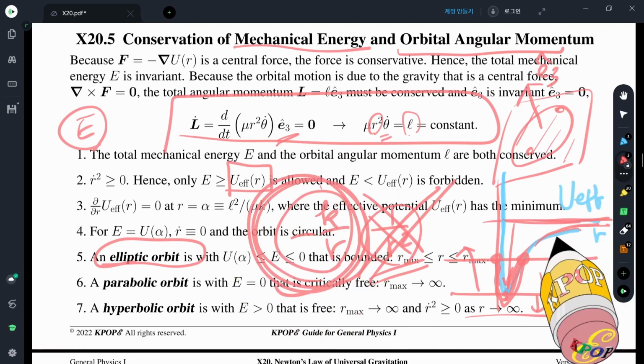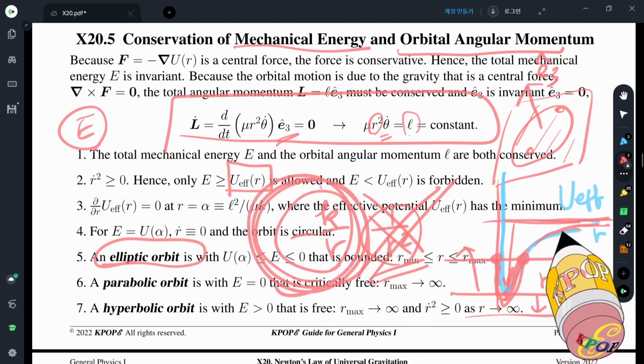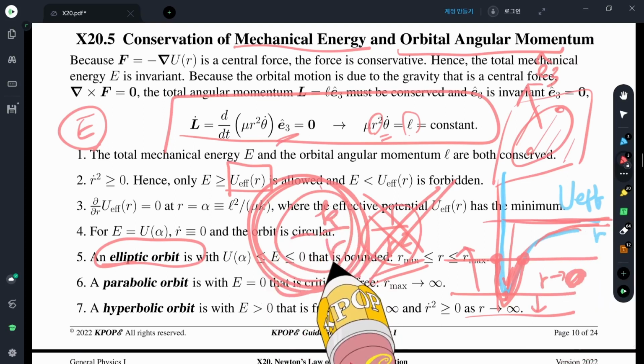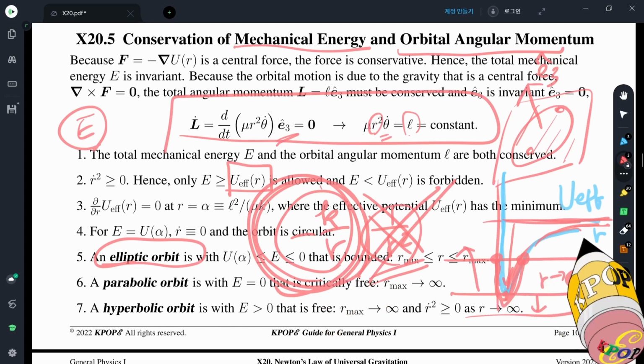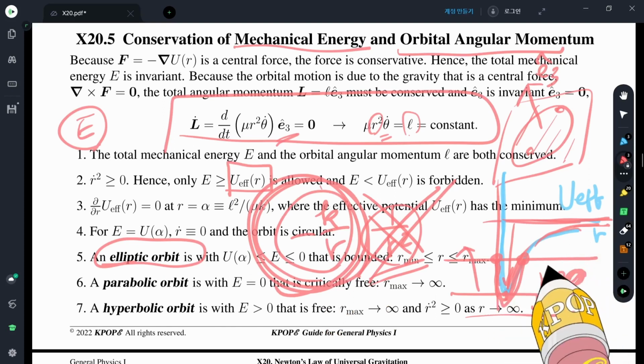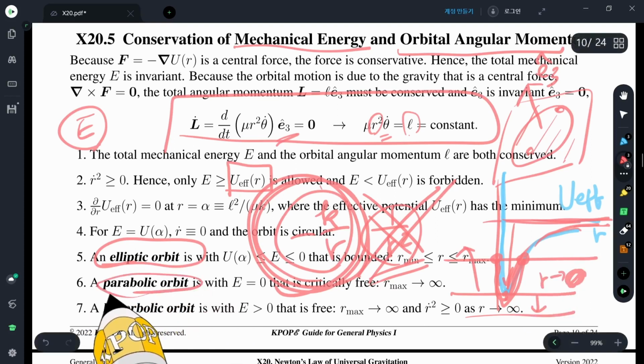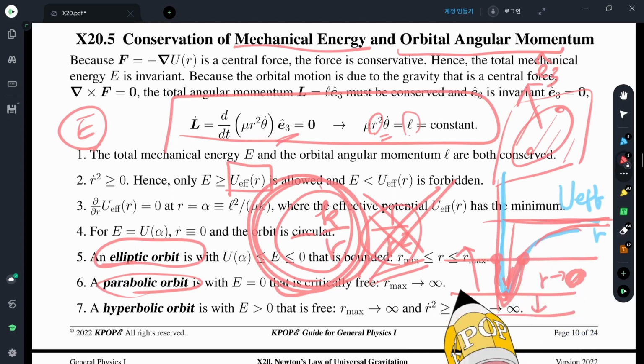If the total mechanical energy reaches zero, that means the particle has no kinetic energy as r goes to infinity. That is barely leaving the orbit. That is called the parabolic orbit. So it's the escape velocity. If you have exactly the escape velocity, you can escape from the orbit of the two particles' gravitational force.